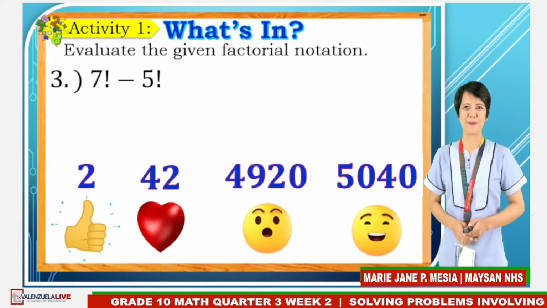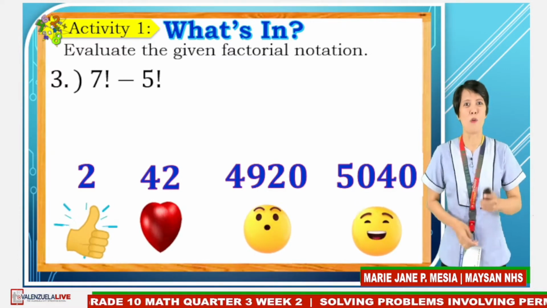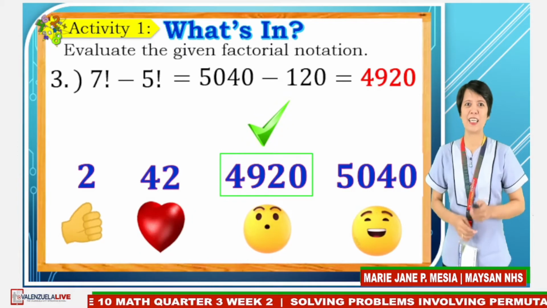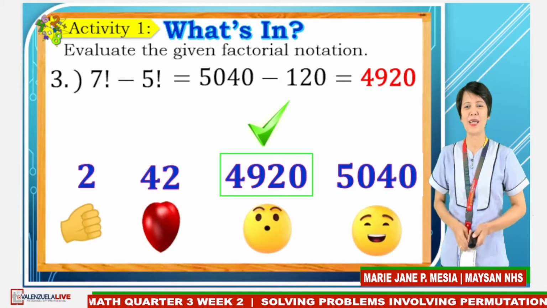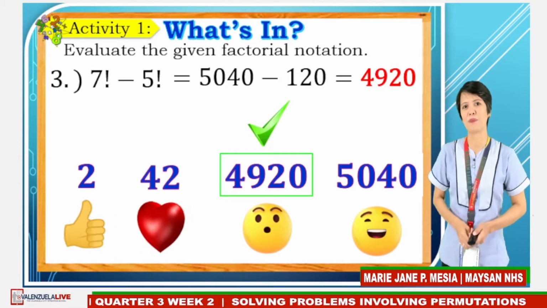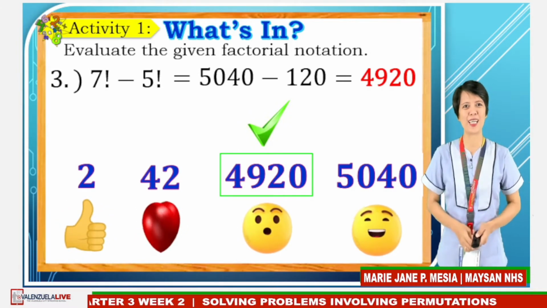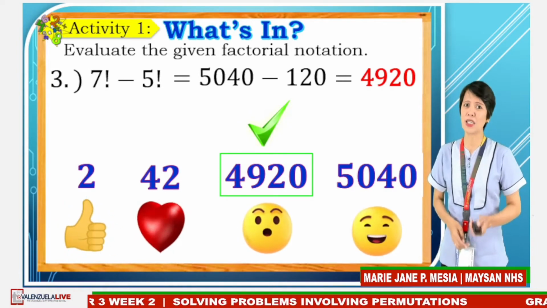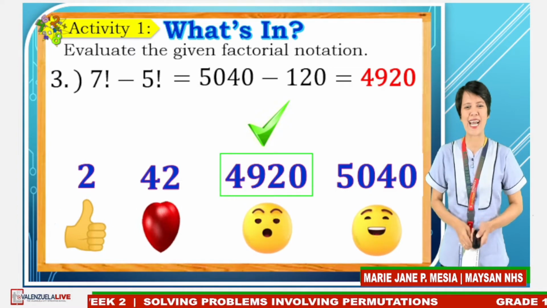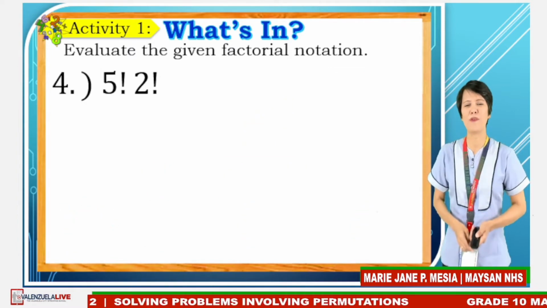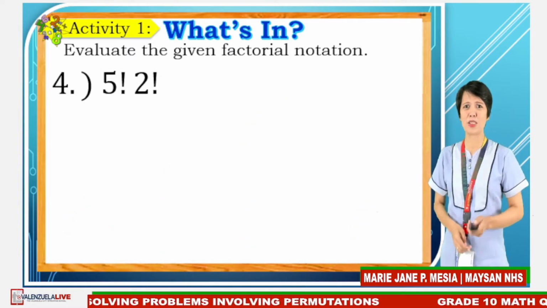What is your answer? Good job. It's wow emoji. Get the difference of the 7 factorial value and the 5 factorial value, which is 5,040 and 120. The result is 4,920.